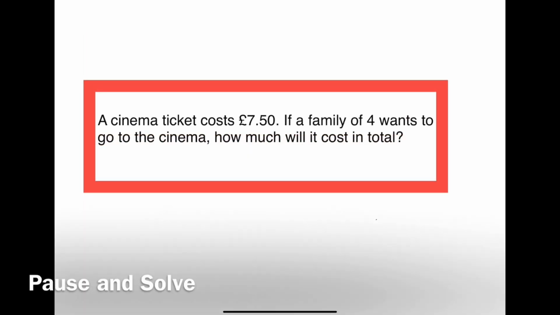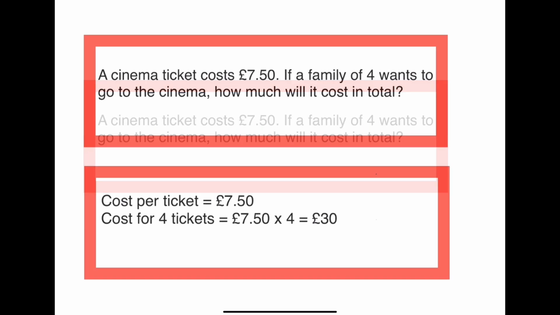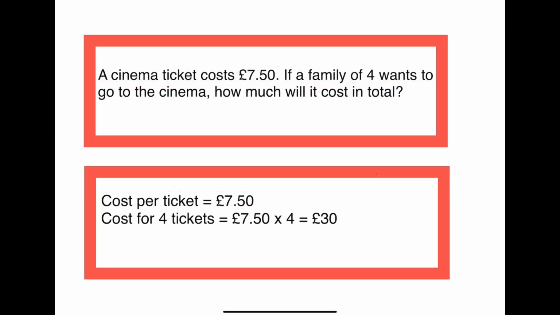A cinema ticket costs 7 pound 50p. If a family of 4 wants to go to the cinema, how much will it cost in total? Pause your video and solve. Cost per ticket is 7 pound 50. Family of 4 wants to go to the cinema.